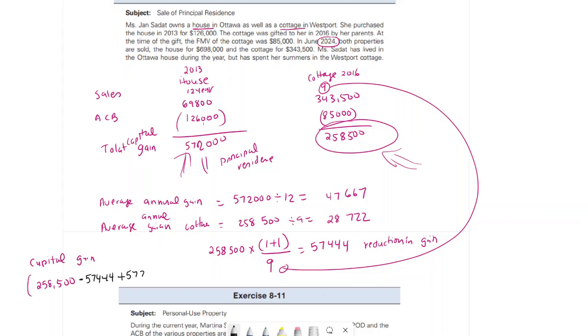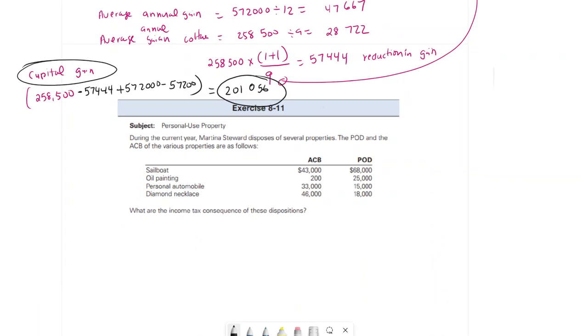We were supposed to pay taxes, but we're not paying taxes because this is my principal residence. So my capital gain amount will be 201,056. So in other words, we pay the taxes on a taxable capital gain, which will be half of that.